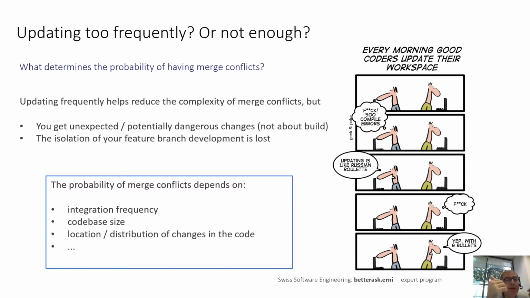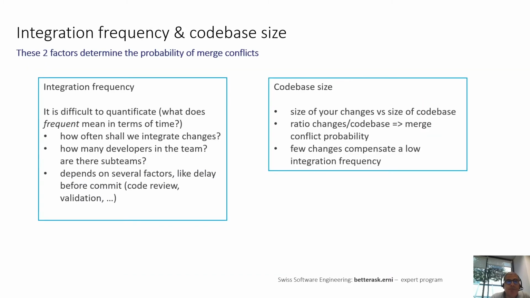But if you update too often, or when you don't have to, you will get unexpected or potentially dangerous changes, not necessarily about building, and the isolation that maybe you were looking for in your development is lost, okay? So in short, the probability of having merge conflicts in your daily life as a developer depends basically on three items: the integration frequency, the code base size, and the location and distribution of changes in the code.